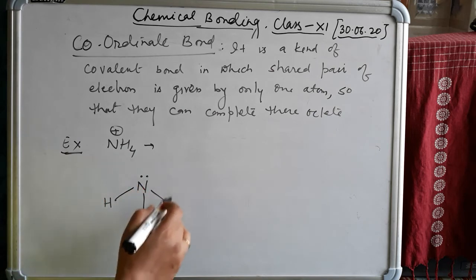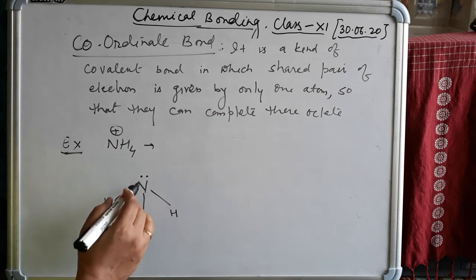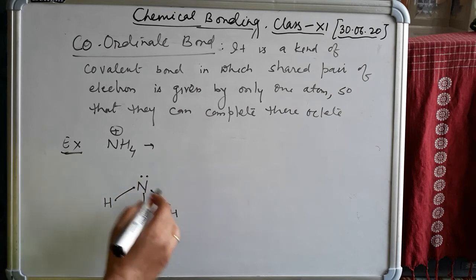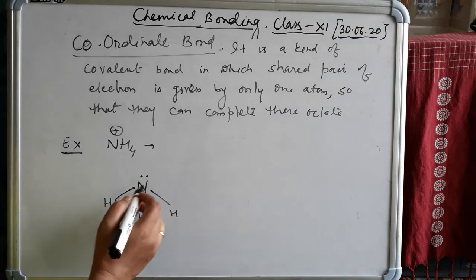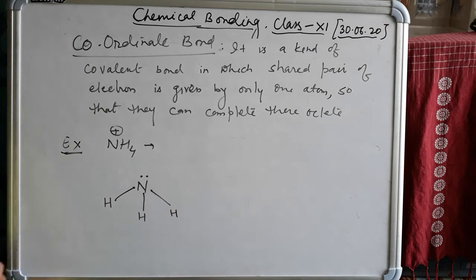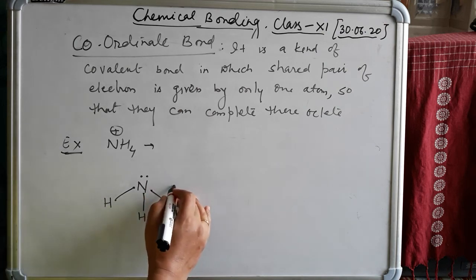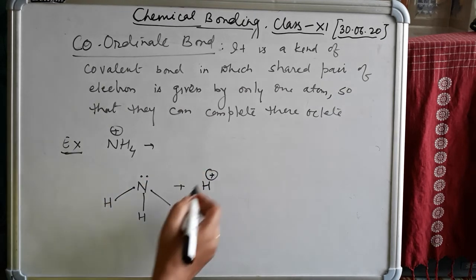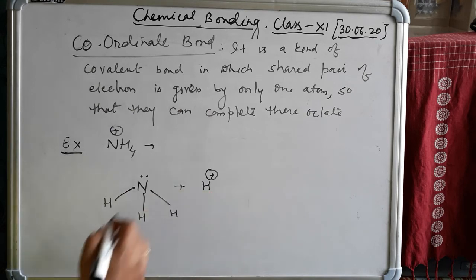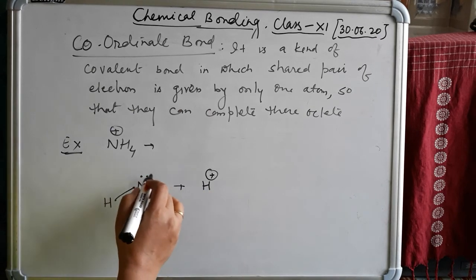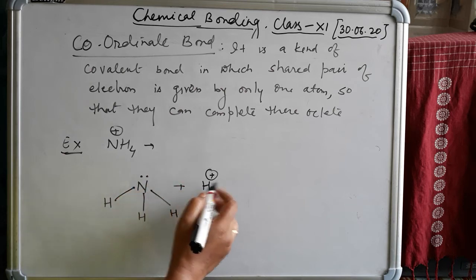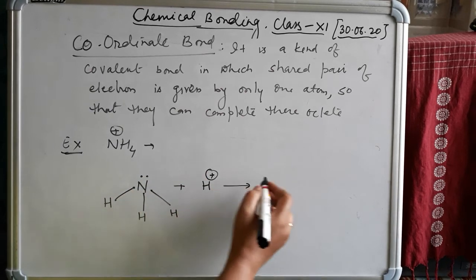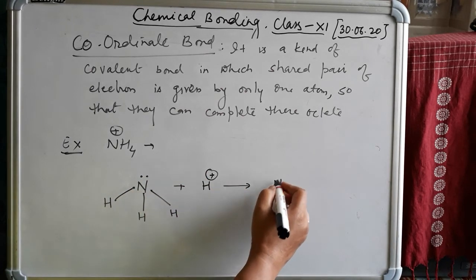So nitrogen first completes its octet. Nitrogen has 5 valence electrons and shares 3 with the 3 hydrogen atoms. So one lone pair of electrons remains. Whenever a species is electron deficient, like the hydrogen ion which has no electron, this lone pair is given to the proton.